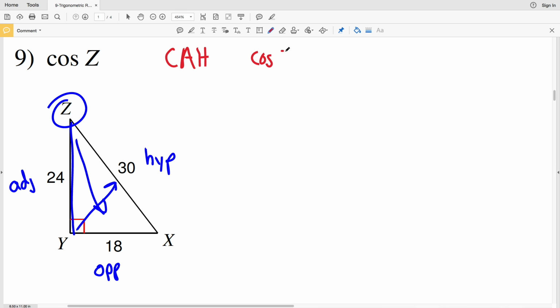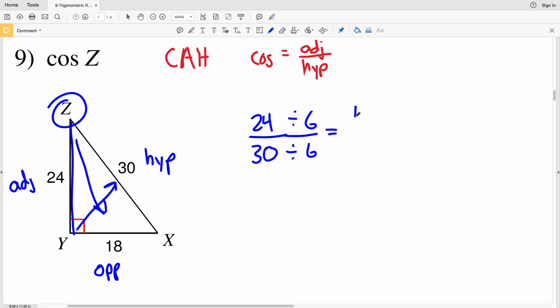So cosine equals adjacent over hypotenuse. And in this case, adjacent was 24 and our hypotenuse was 30. Both 24 and 30 are divisible by 6, so I'll simplify. Dividing 24 by 6, I'll get 4, and dividing 30 by 6, I'll get 5. So in number 9, the cosine of Z is equivalent to 4/5.